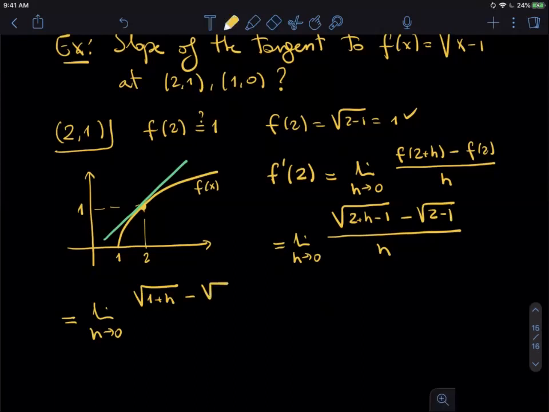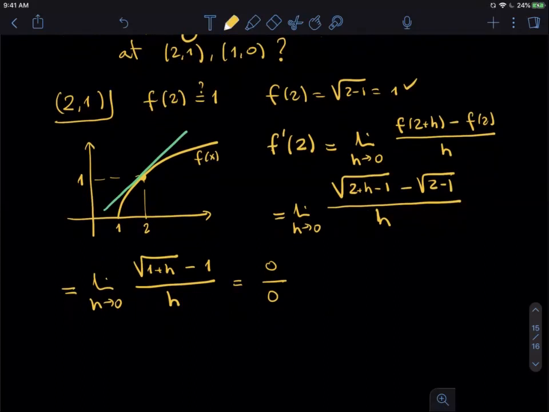And then the square root of 2 minus 1 is the square root of 1. So we might as well just write 1 here to keep it simple. And this is it. So this is the limit we need to compute. But if we try to just go ahead and do it, we get 0 divided by 0.